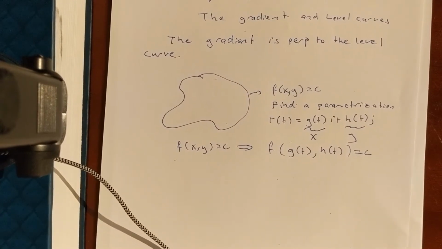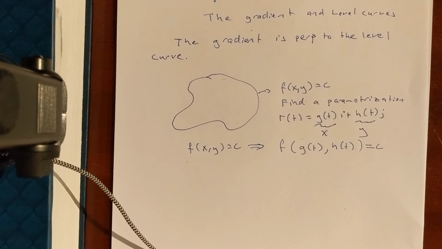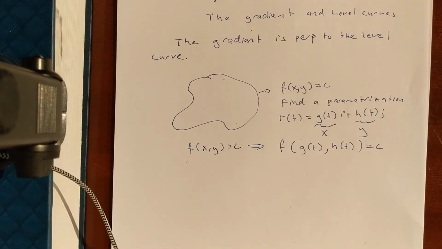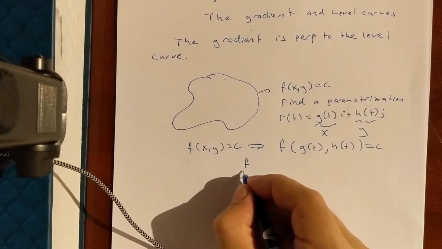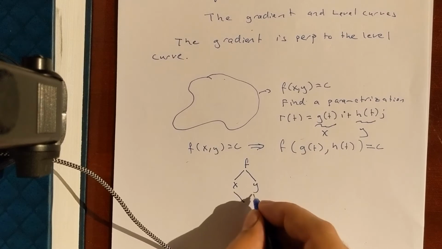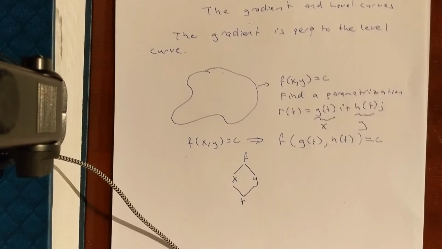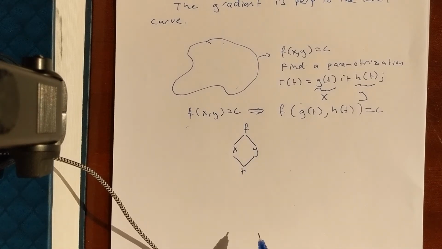Now, let's do derivatives with respect to t. Remember, this goes back to our chain rule. We have this function f with variables x and y, and they are themselves functions of a third variable t. These were the intermediate variables, and this was the free variable.